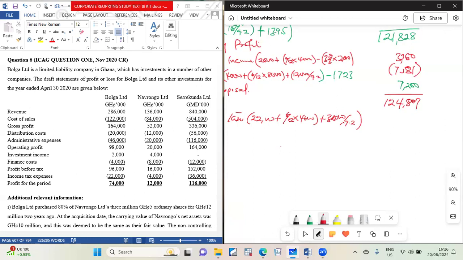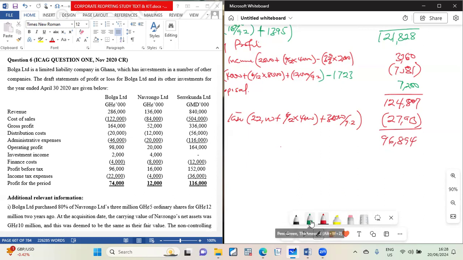So if I punch, we have 22 plus, like that would be like 2,000, right? Plus, in bracket, 36,000 divided by 9.2. And what I have here is 27,913. So basically that's it. So I have 96,894. All right. So that is that.